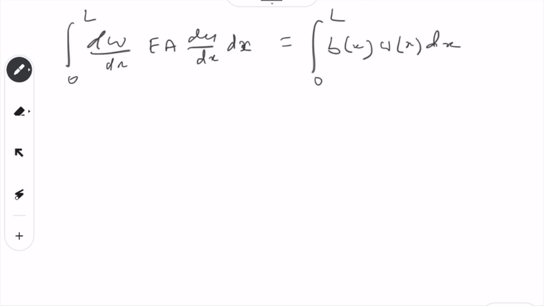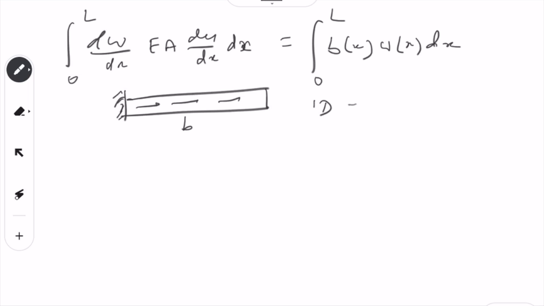This is for the problem we are talking about, with b given like this. And this is the 1D elasticity problem.